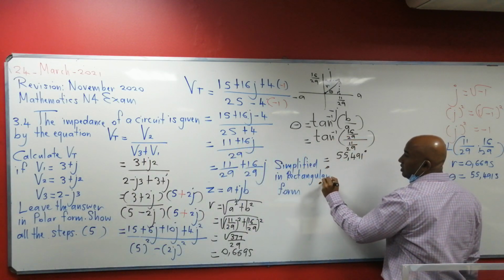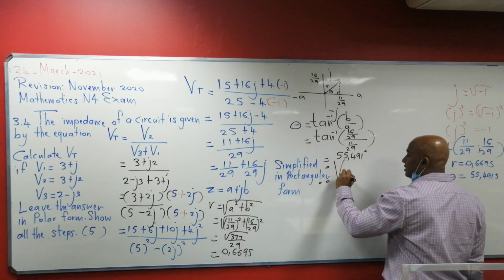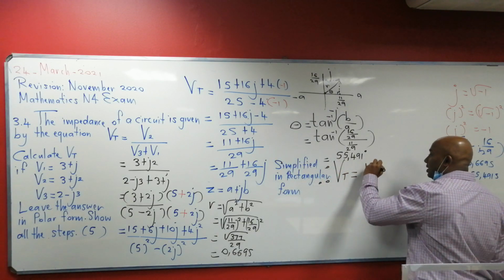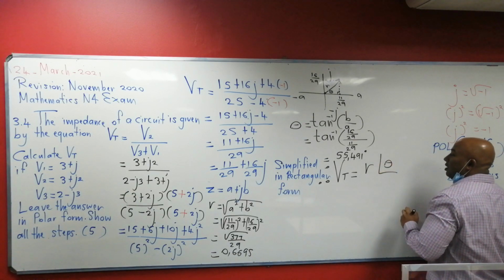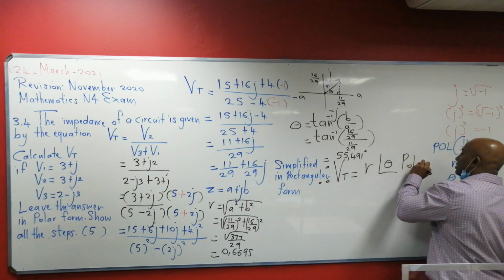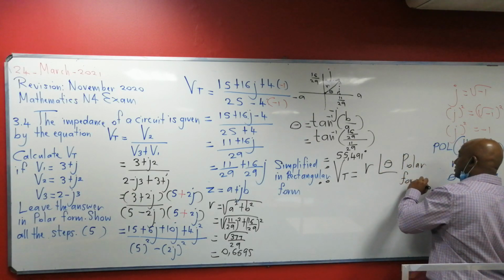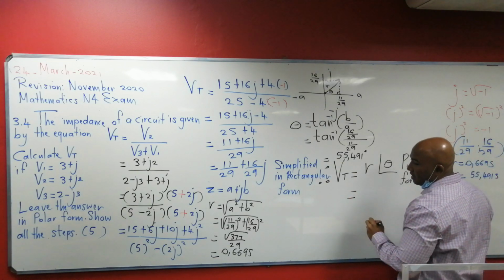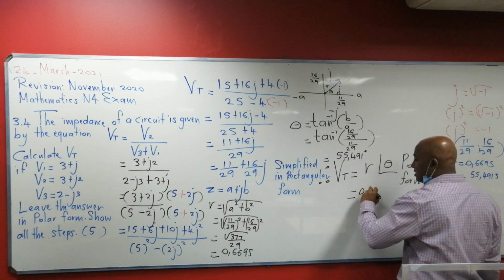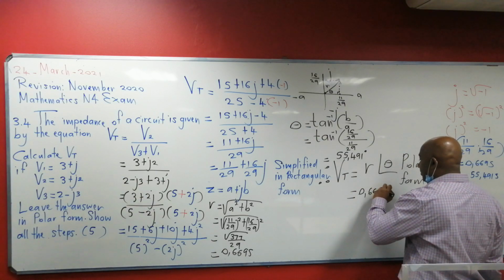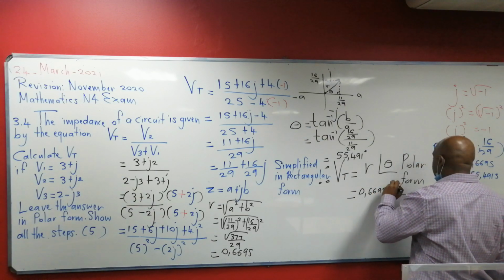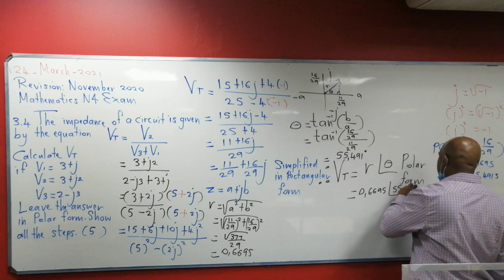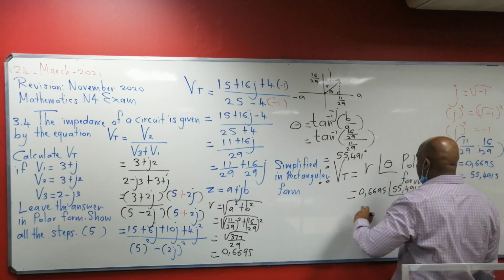final answer, therefore, your BT is equal to, remember what we did, we converted it to polar form. What is your R here? Your R was 0.6695. Your theta was 55.4915.